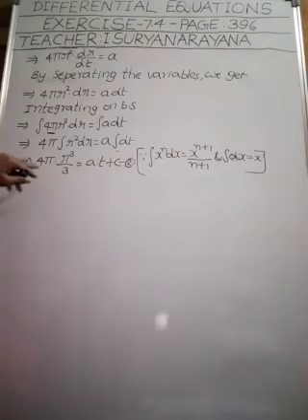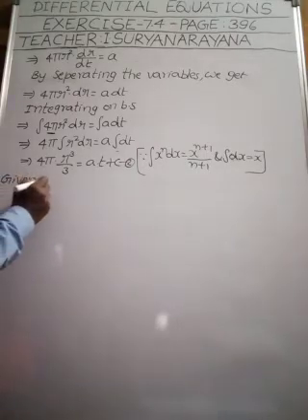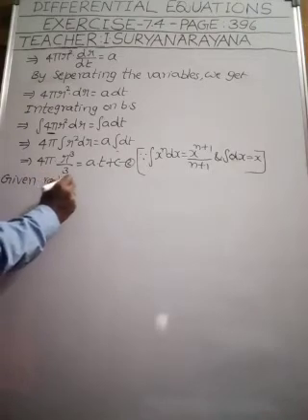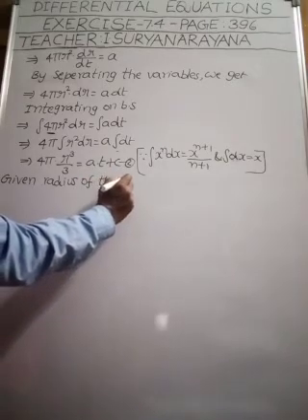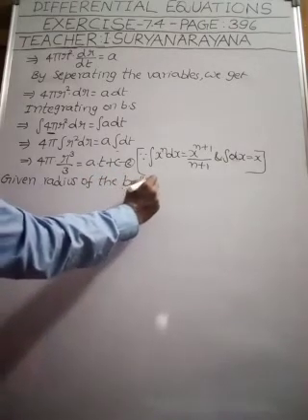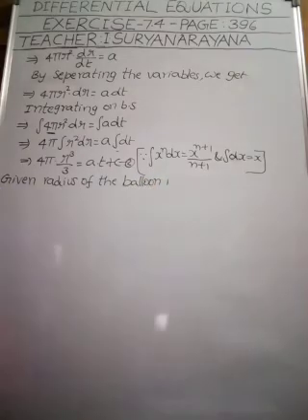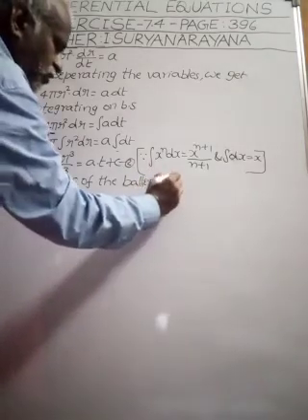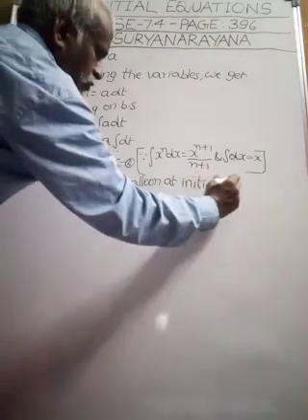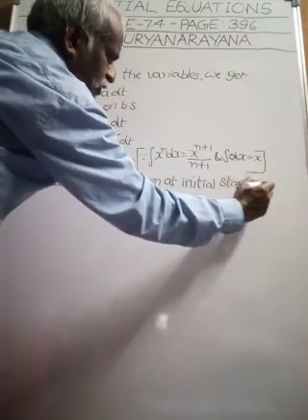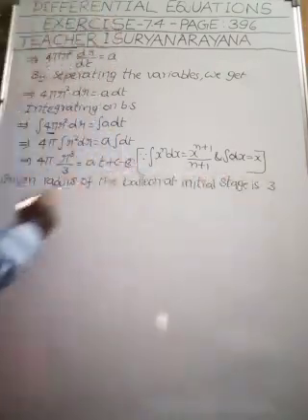Okay, my children. Now what is given? R is equal to 3 units at the initial stage. Yes or no, my children? Given the radius of the balloon at the initial stage is 3 units.